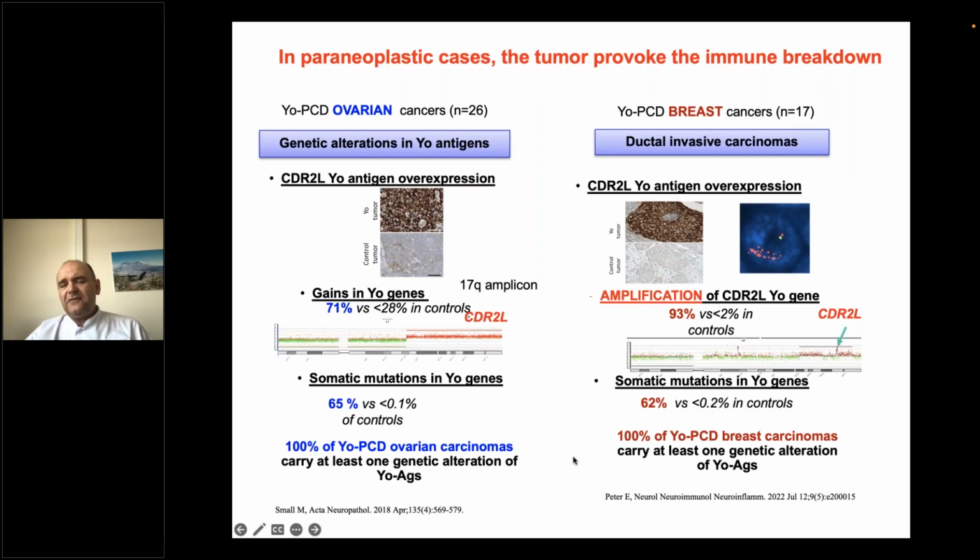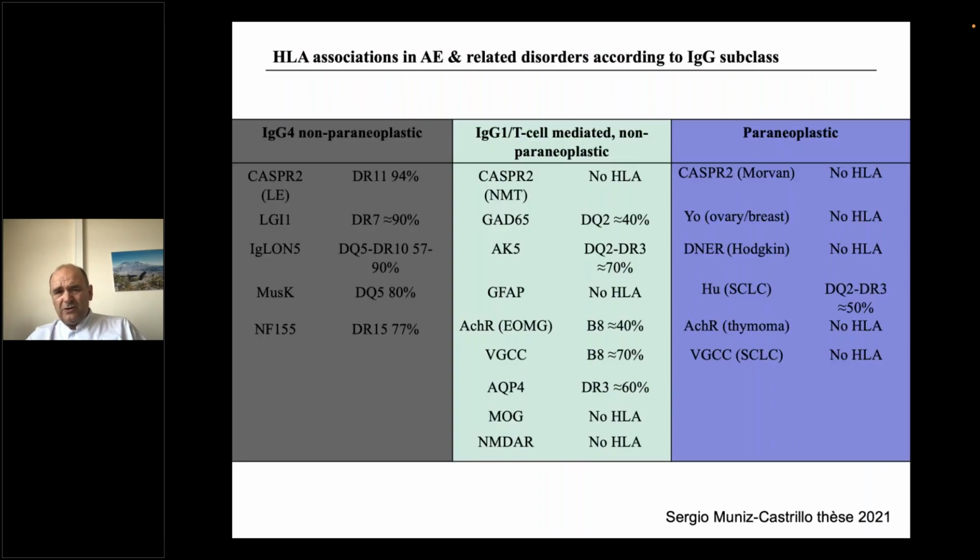And so we think that in patients with tumor, the origin of the immune breakdown is in the tumor. But what about the patients without a tumor?